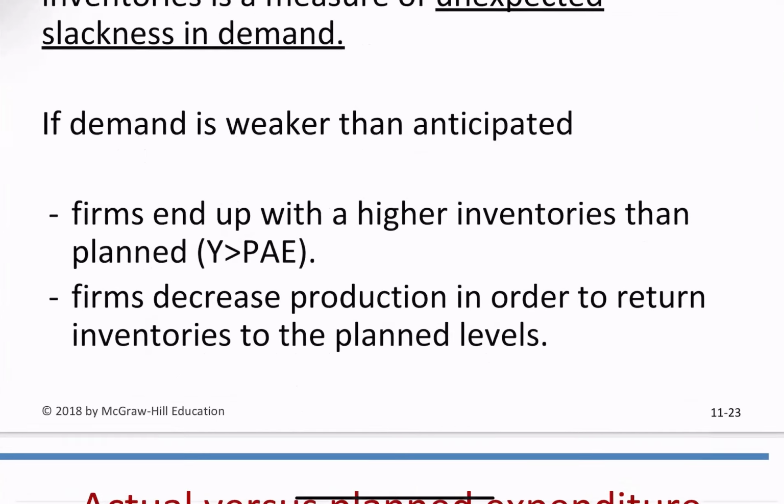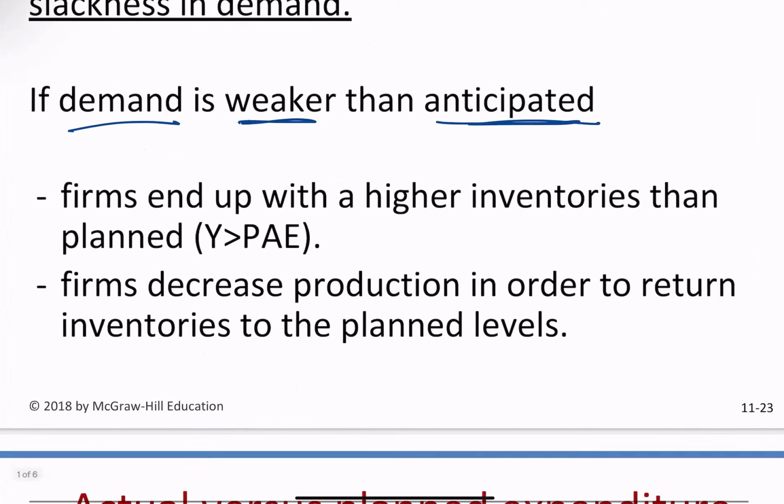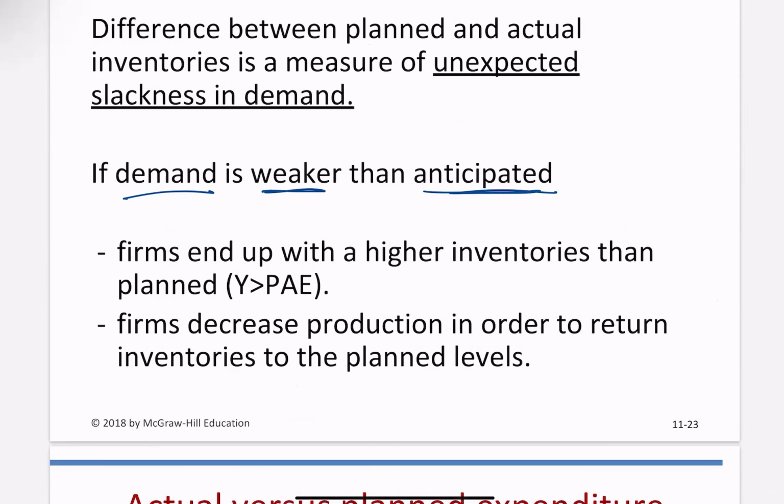Here's an example. When your demand is weaker than you had anticipated, the demand that you had planned is actually weaker than what has actually happened. So firms end up with higher inventories than you had planned.